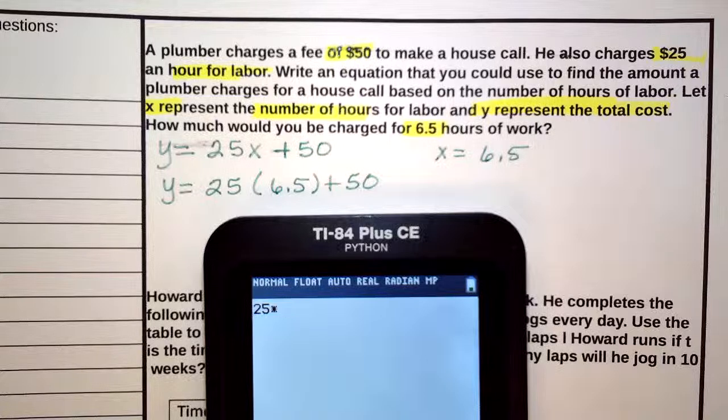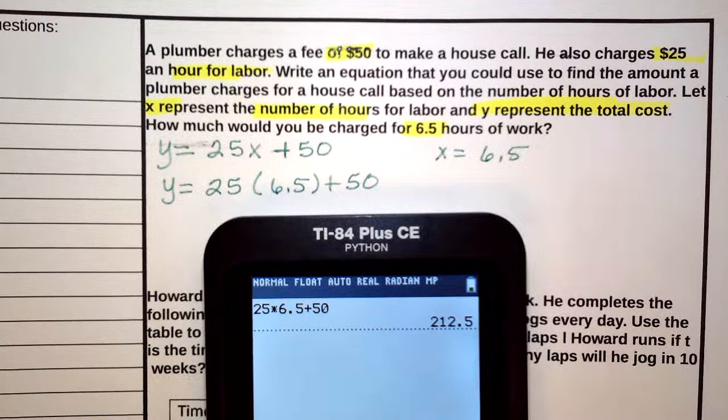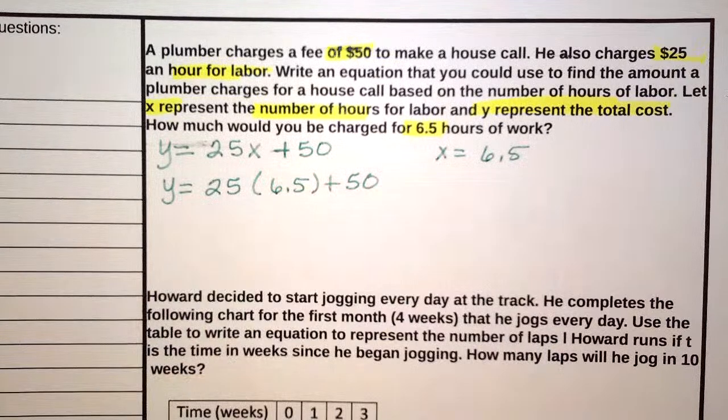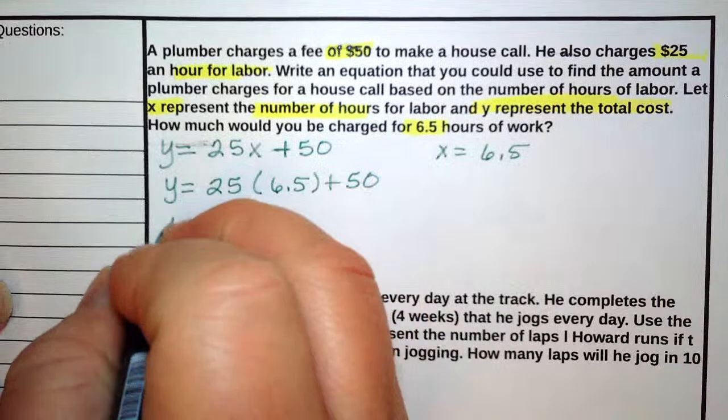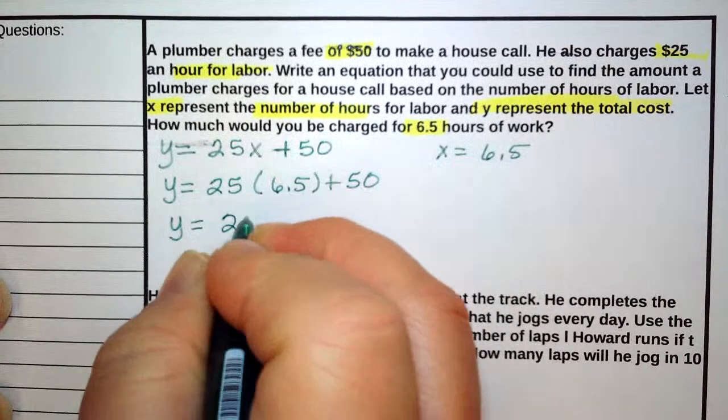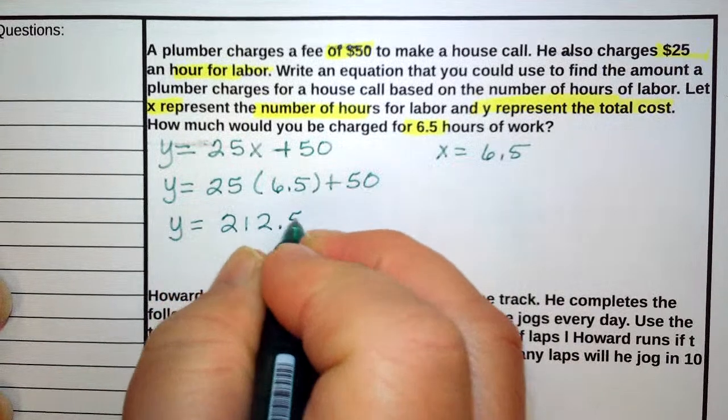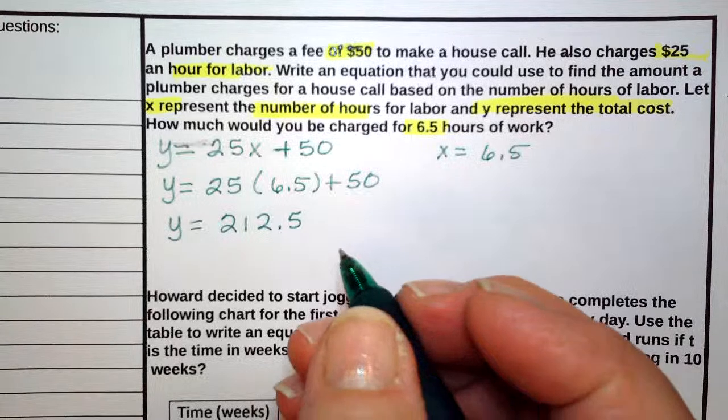25 times 6.5 plus 50. That's 212.5. Y is equal to 212.5. Do we leave it at 0.5?